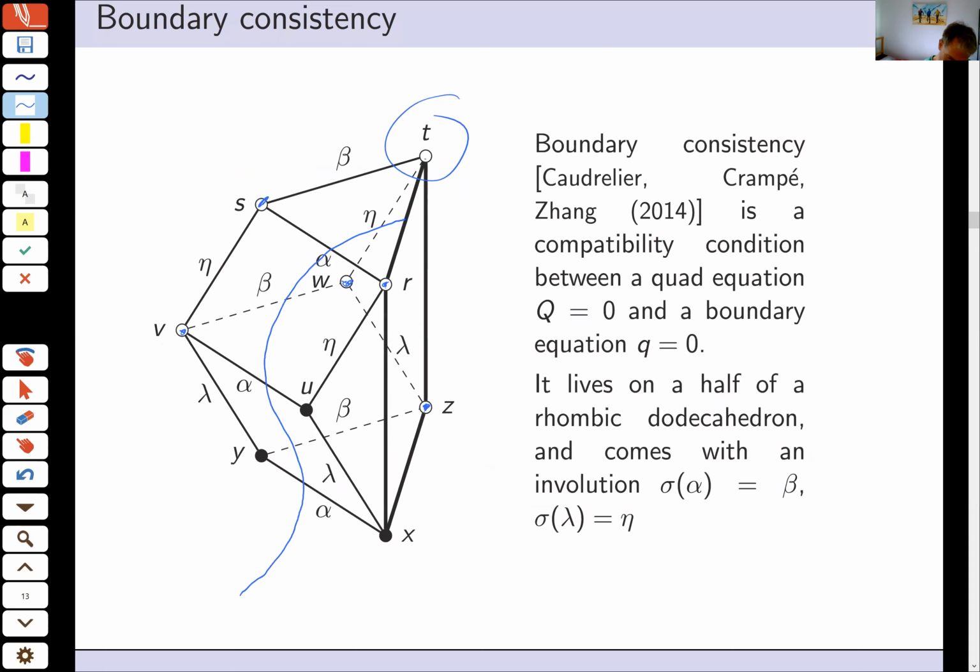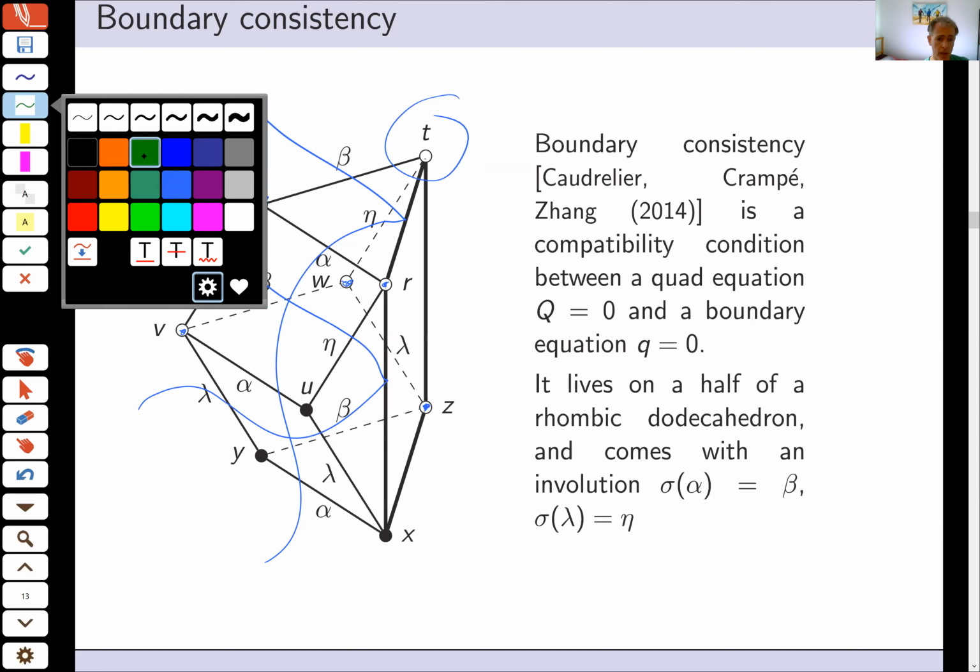We bounce off the boundary and we get out of the diagram. This is on the front half of the half rhombic dodecahedron. And there we have another characteristic line. So we can bounce here and get out of the diagram there.